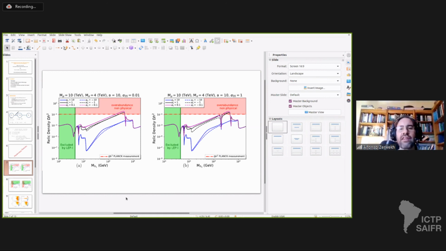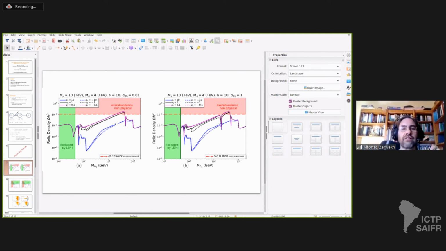And the important thing is that we can saturate the relic density. We can reproduce the observed relic density for masses of the dark matter of the order of some TeV.